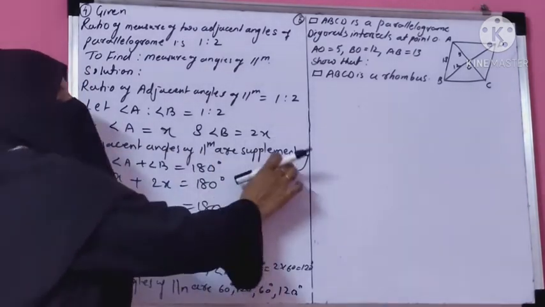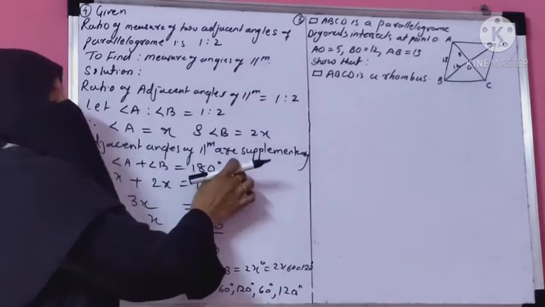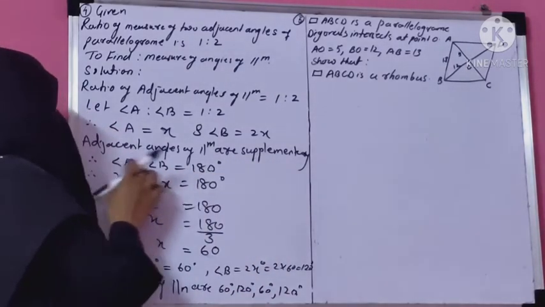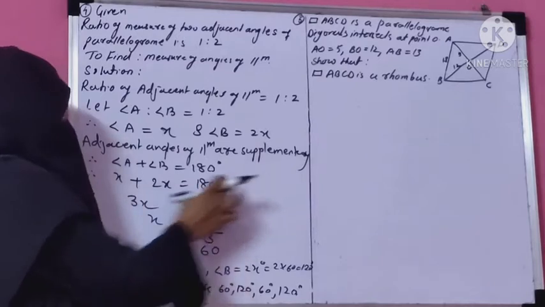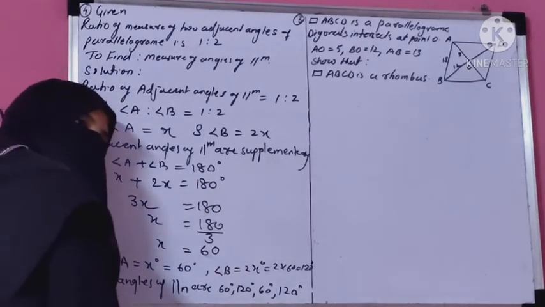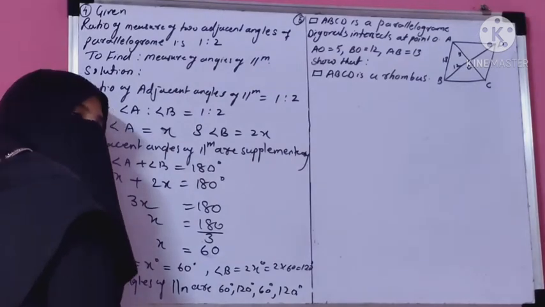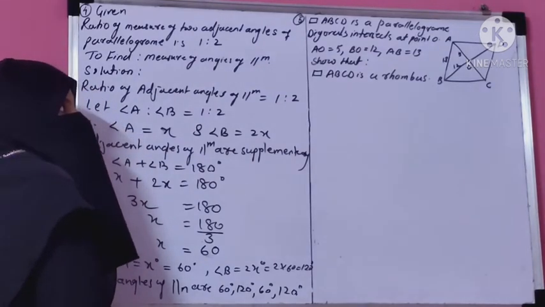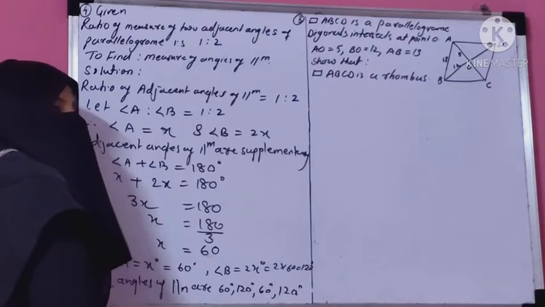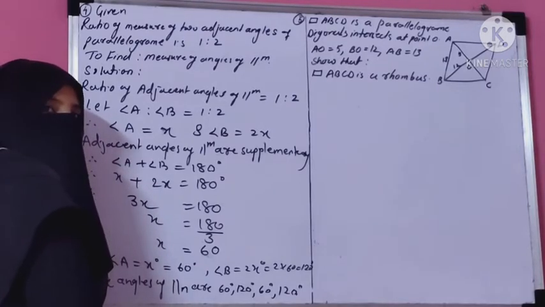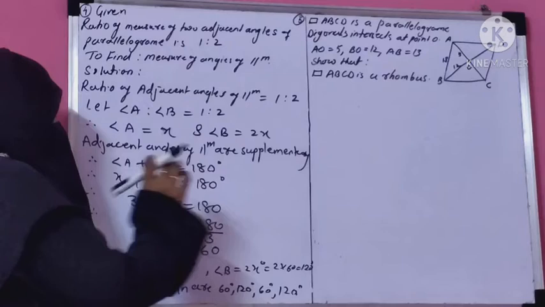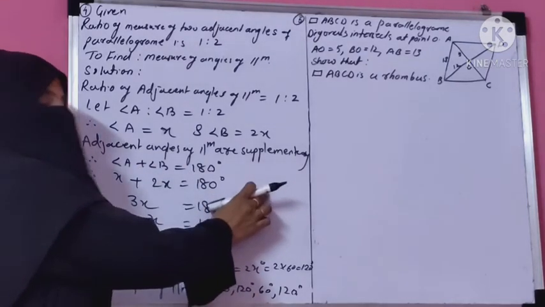Now these angles are adjacent angles, and we know that adjacent angles are supplementary. So angle A plus angle B is equal to 180.